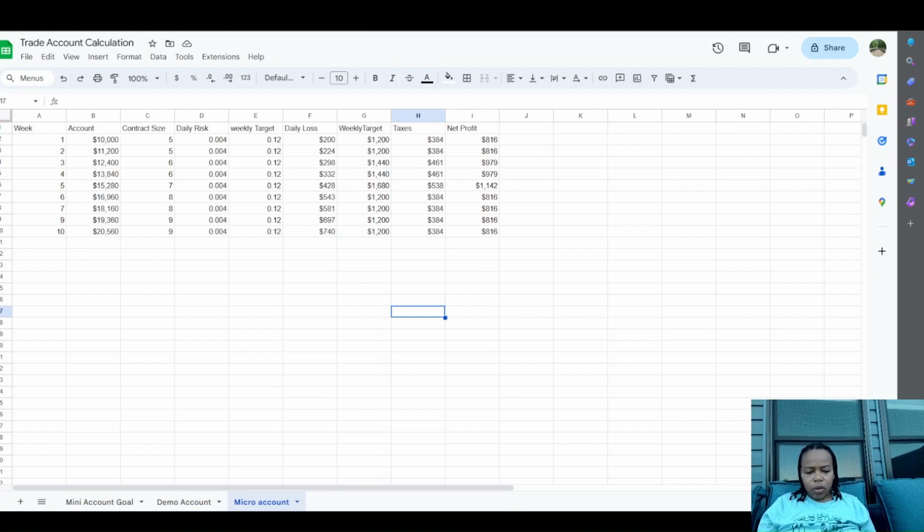So on the NASDAQ, the tick is $2, so it'd be like 160 times 2. Okay, that doesn't compute. Okay, we'll just do it this way.